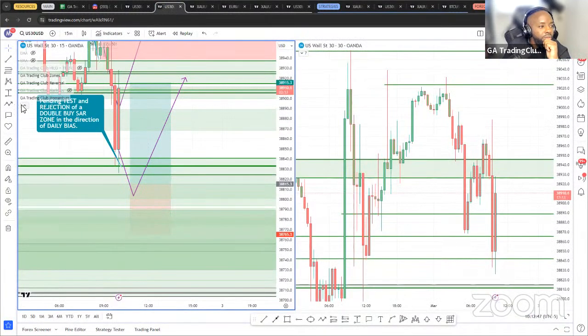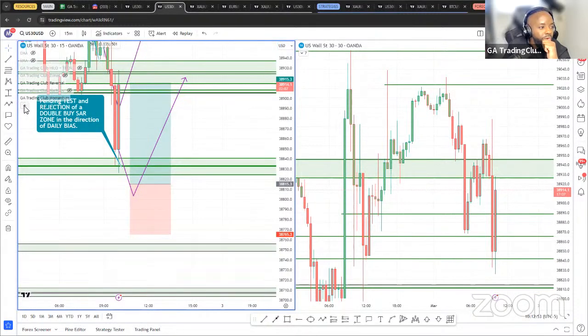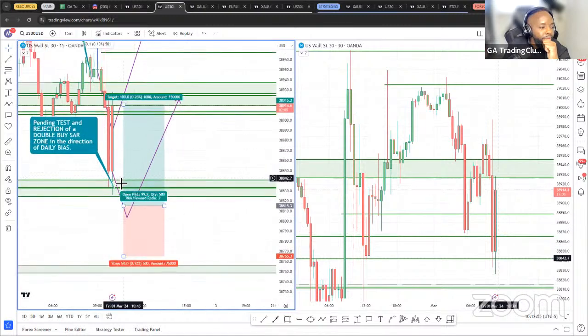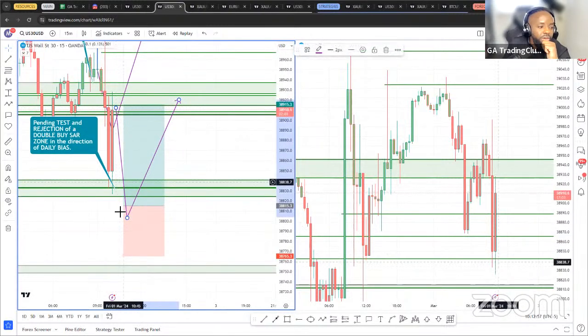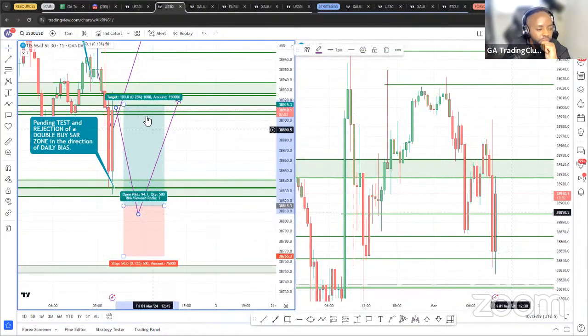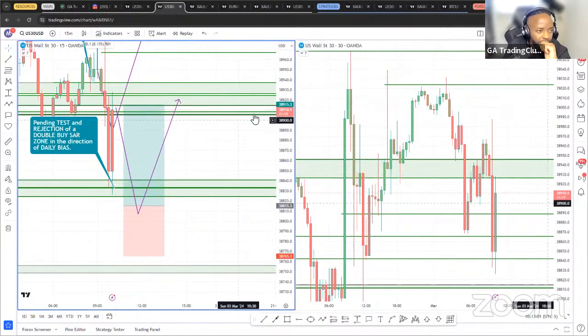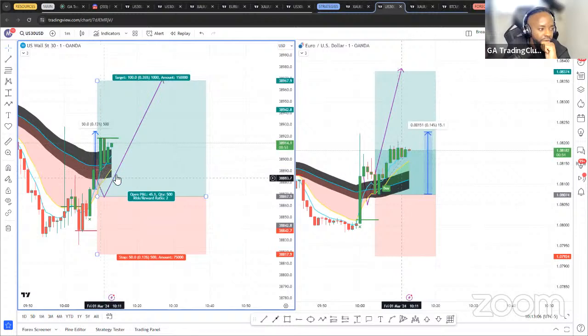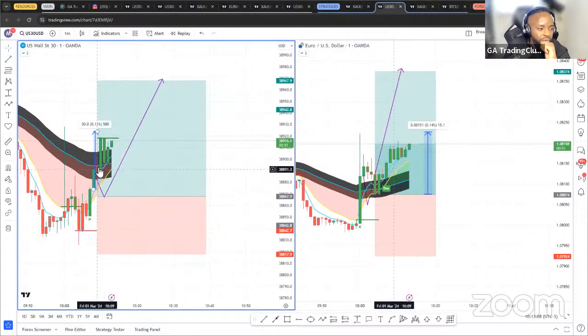Because if this 15-minute closes, ideally you'd be looking for price to retrace back to this SAR zone, but we have nothing but demand zones here. The reason I'm looking at that is this buy, if we do get it, and I don't think we'll get it, is like halfway up the move.